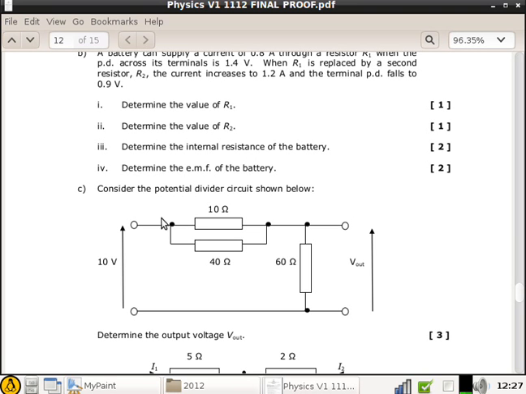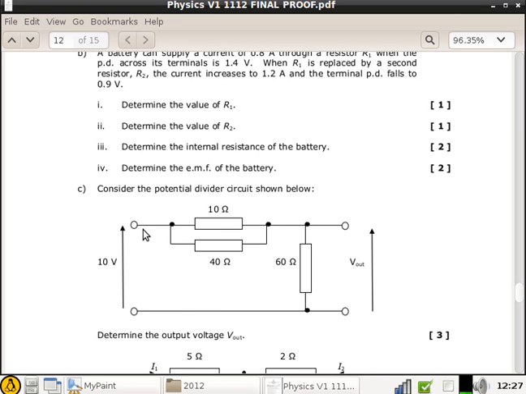So it'd be 10 minus 10 I2 minus 60 I1 equals 0. Then here we have 10 minus 40 I2 minus 60 I1.